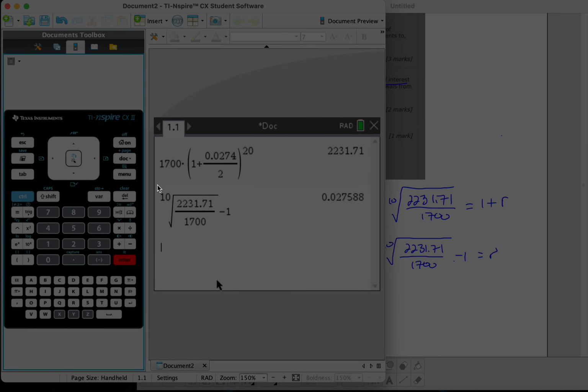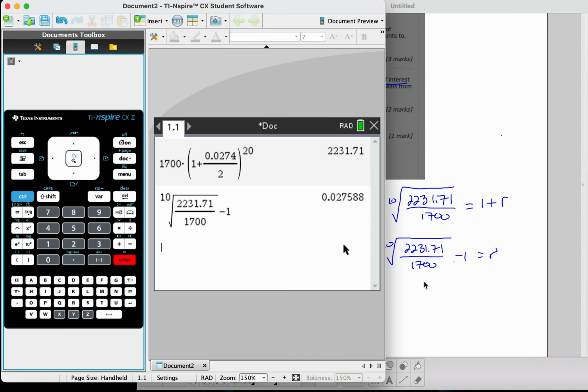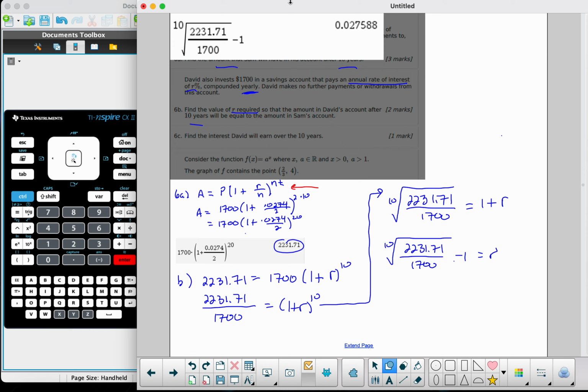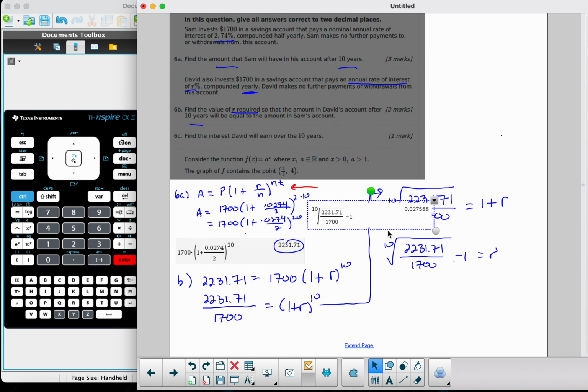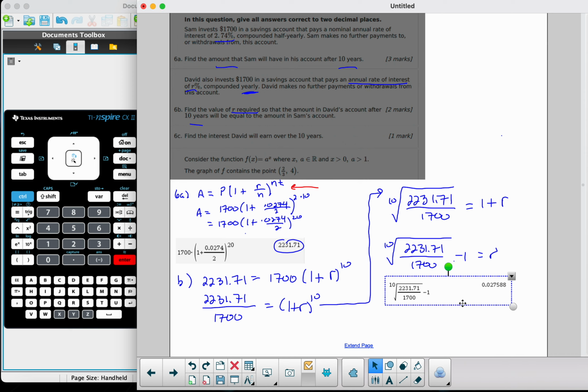So let me put that on there so we can write the answer down. Now I'm going to follow the letter of the law here, where it says give all answers correct to two decimal places.